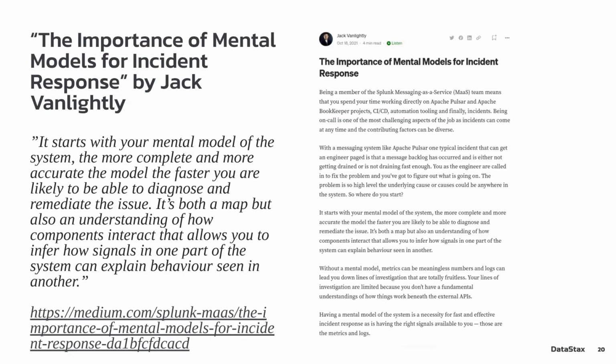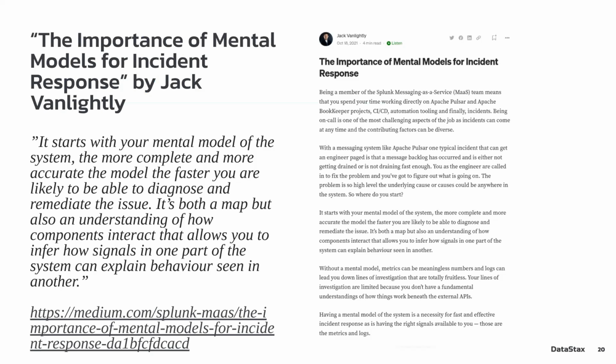A similar idea was brought up by Jack Van Lightly in a blog post, The Importance of Mental Models for Incident Response. Here in this blog post, he says, it starts with your mental model of the system. The more complete and more accurate the model, the faster you are likely to be able to diagnose and remediate the issue.